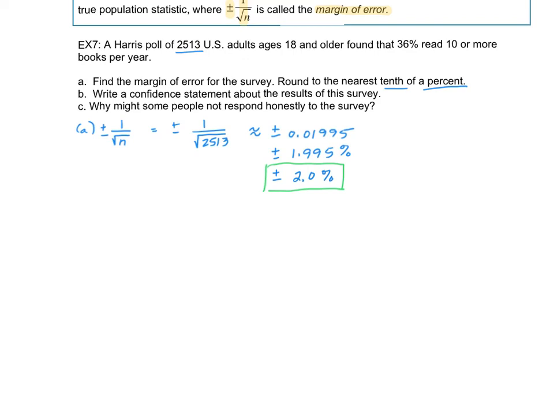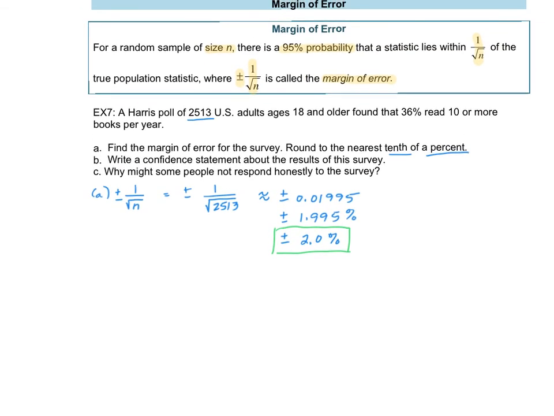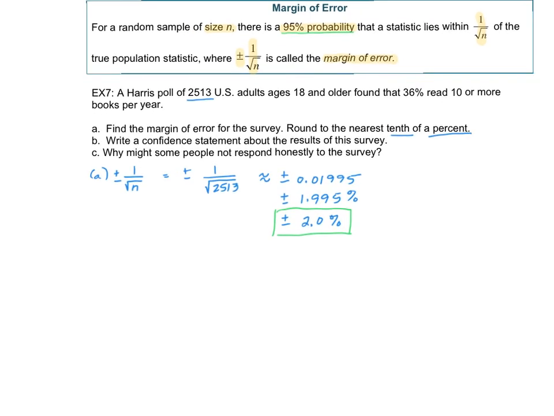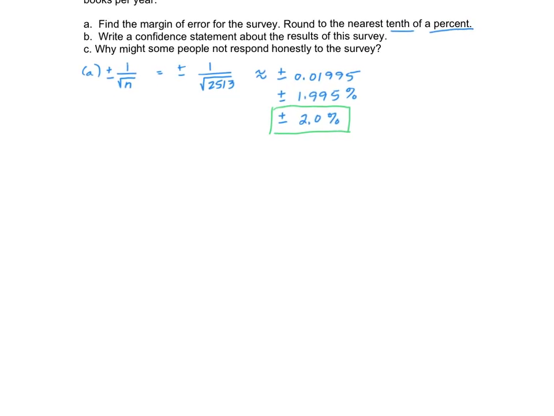So we're going to write a confidence statement about the results of this survey. Now this confidence statement comes about with this 95% probability. So we're going to use this idea that we can be 95% confident about our results. And it's only 95% because there's always error.